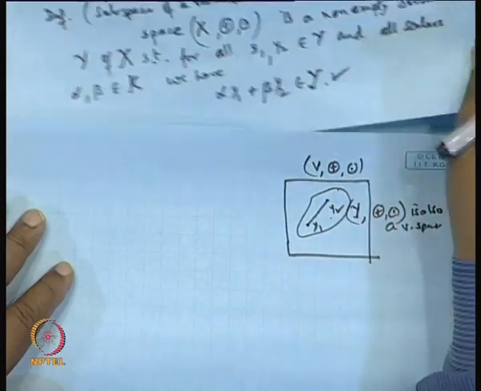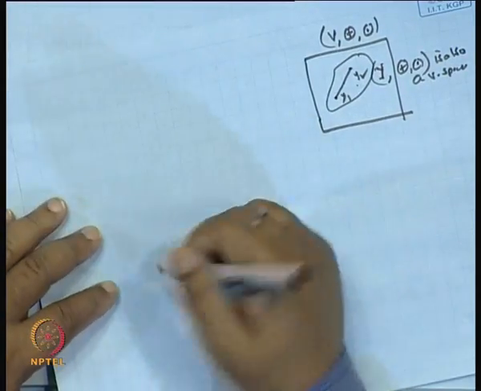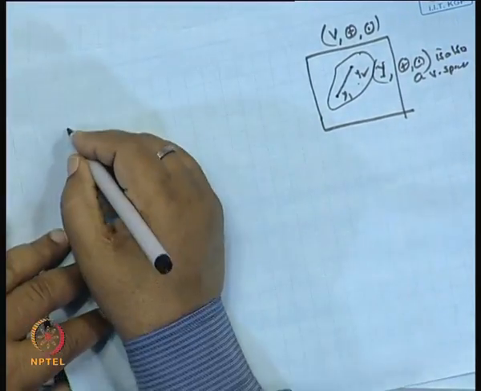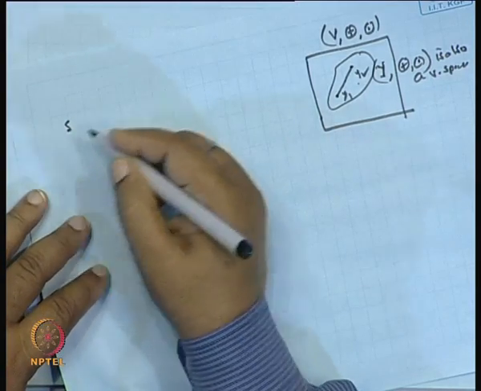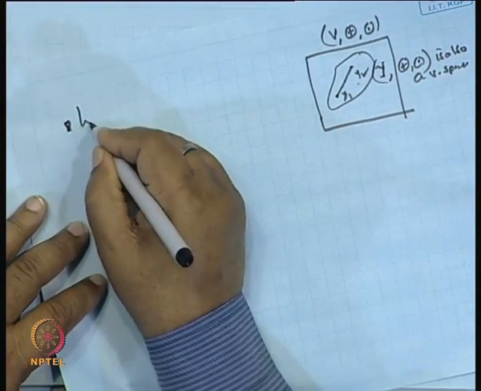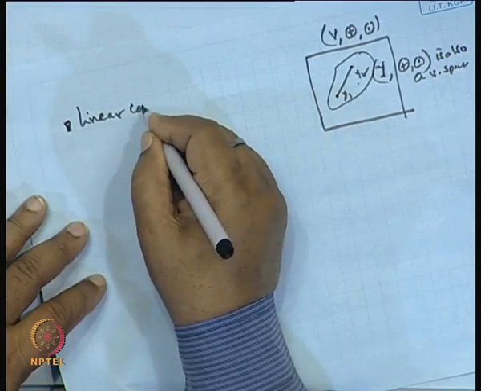Okay. Now, there is another concept which we have now, the span of M. What is a linear combination? First, let us see the linear combination definition.